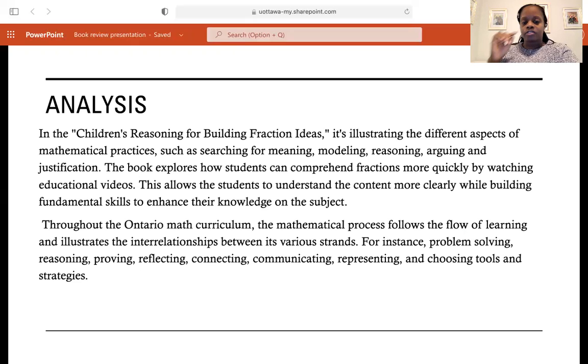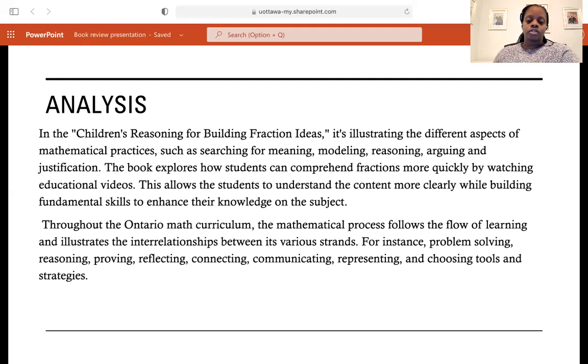It's important for educators to model fractions. Fractions can be modeled by reading books, by watching videos, by using anchor charts, and by using manipulatives and different resources that help students get a basic understanding and build that foundation of the reason why we use fractions. The book explores how students can comprehend fractions more quickly by watching educational videos.